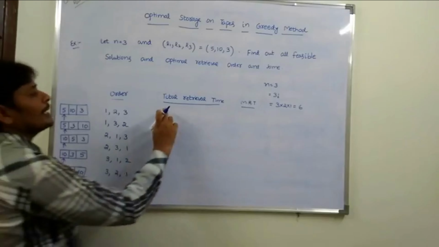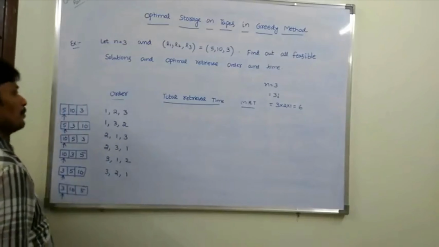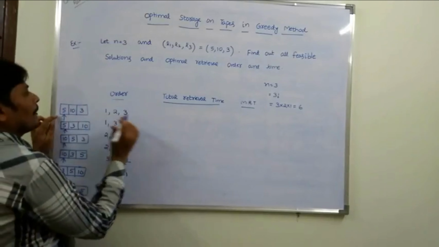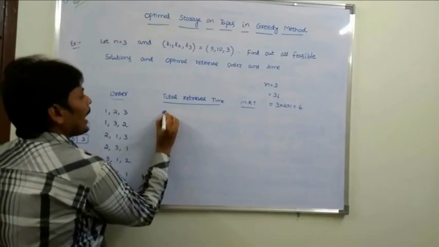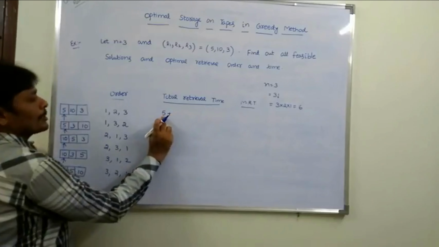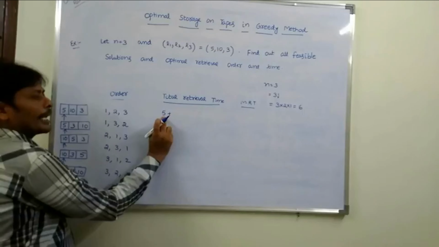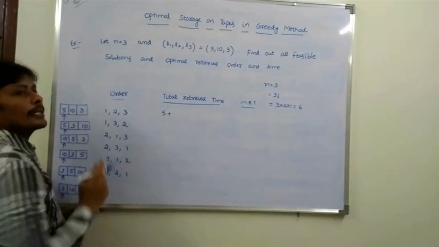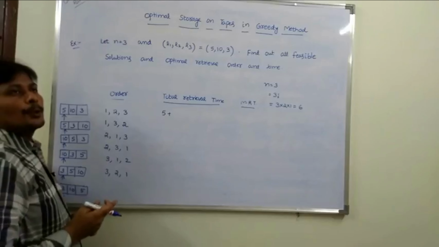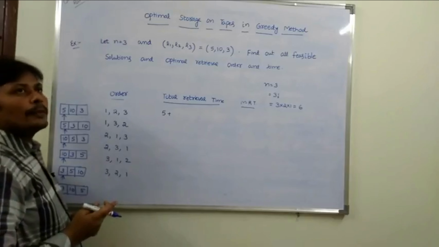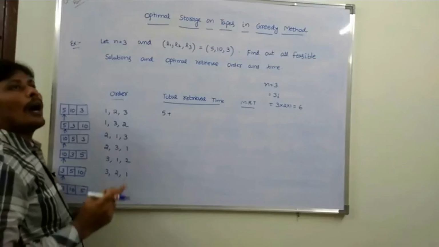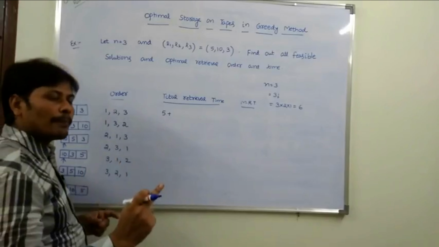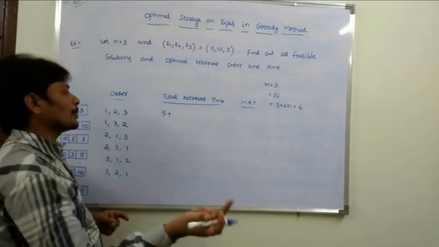Next, how to find out the total retrieval time. First we take the first program, that is 5. To access the first program, we require 5 seconds. Next, we want to access the second program. To access the second program, we need the first program time plus the second program time.